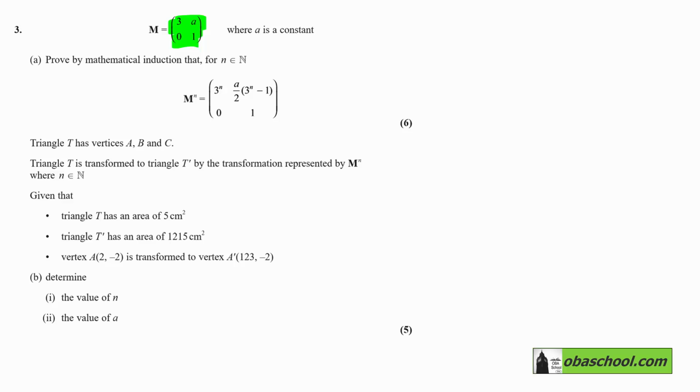Now remember, the determinant of a matrix is the area scale factor. Because we have the 0 here, that's just going to be 3 to the n. So the area scale factor is 3 to the n.